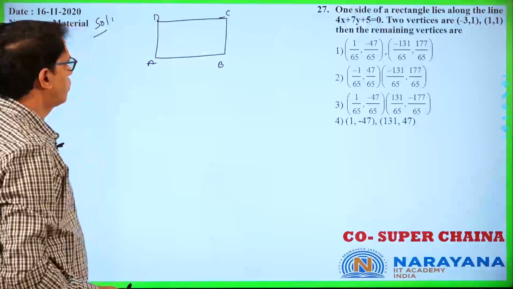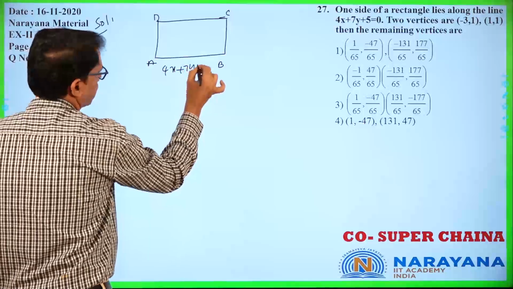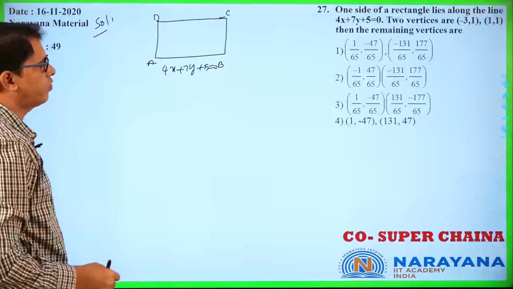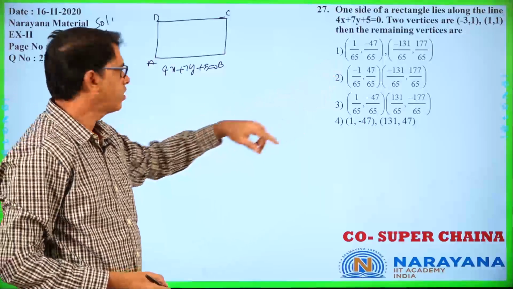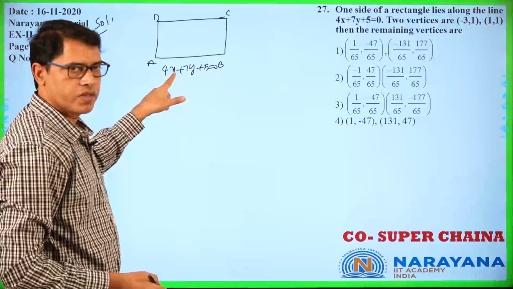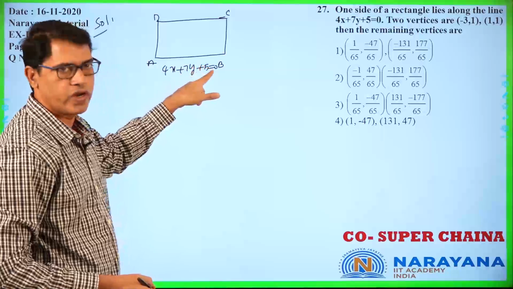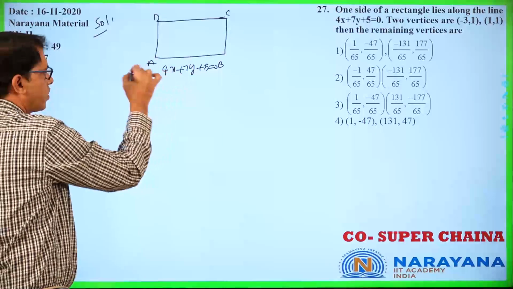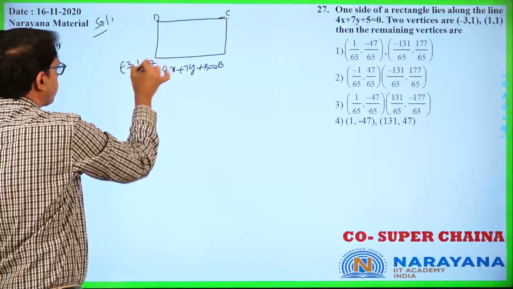Okay. So say this line is 4x plus 7y plus 5 equals 0, and the two vertices you observe: -3 comma 1. 4 into -3 is -12, 7 into 1 is 7, plus 5 means -12 plus 12 gets satisfied, so definitely -3 comma 1 lies on the line, somewhere either this point or this point.